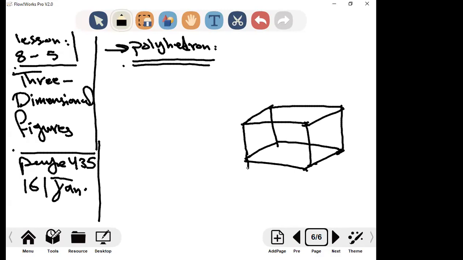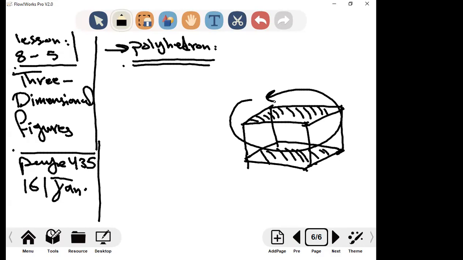Now we call this a rectangular prism. How many faces do we have? 6 faces. We have the base, the floor, right? And we have the roof, and you have 4 sides around. So how many faces do we have? 6 faces. Each face of them is a polygon.